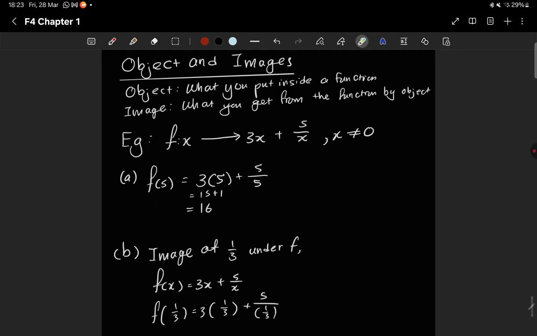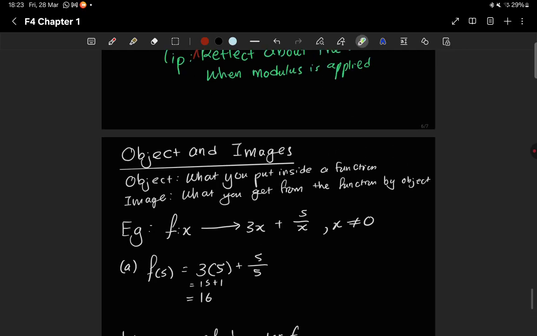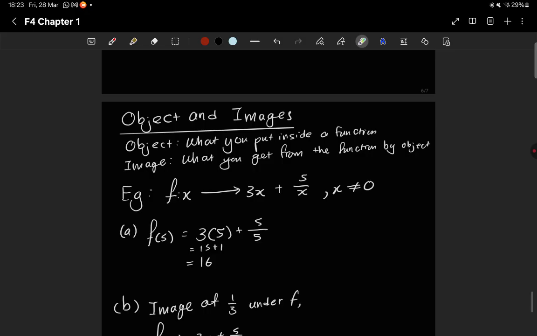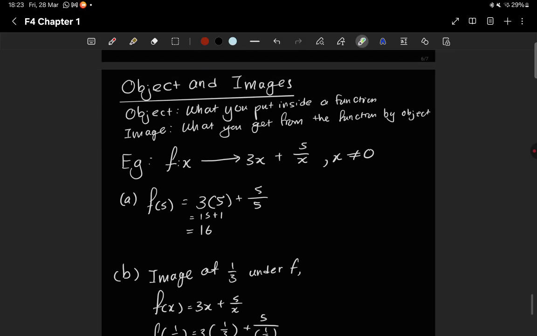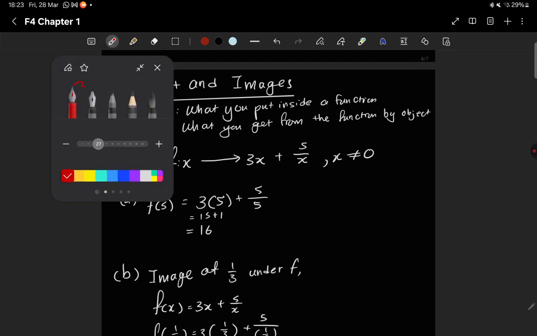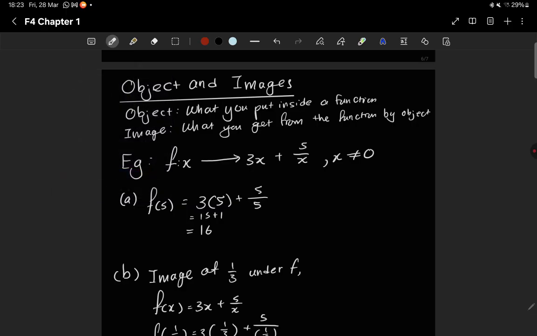And just as a final part of our brief recap, we'll jump into objects and images. Now, if you realized, I sometimes use the term objects in functions, and an object is something you throw into the function, like the machine, right? You throw something into a function, and the image is technically what you get from it.